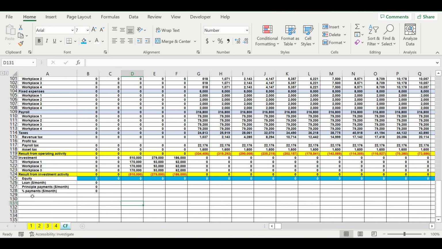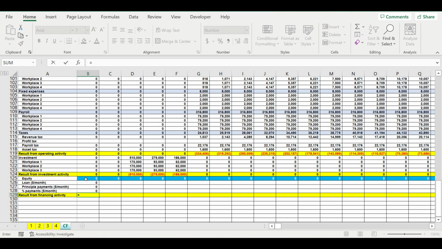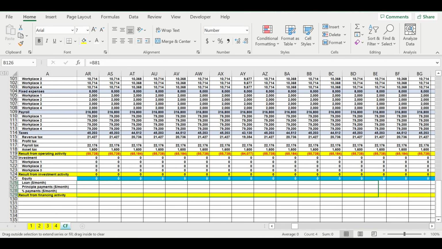Then I will build the line for the result from financing activity. This will be this plus this minus this minus this. Then we're going to extrapolate this.